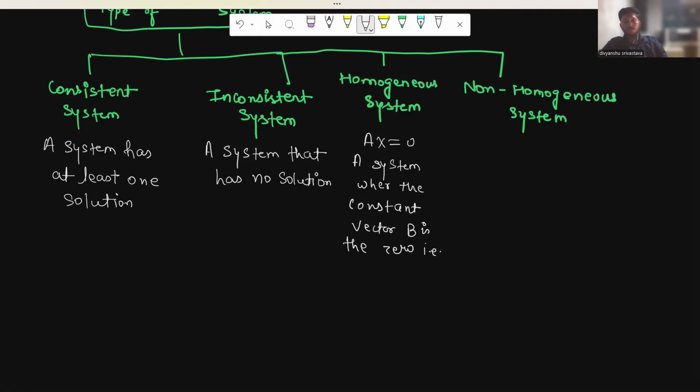And in a non-homogeneous system, b is not the zero vector. So a system can be further classified on the basis of the nature of its solution set.